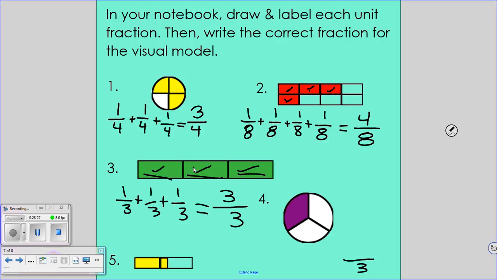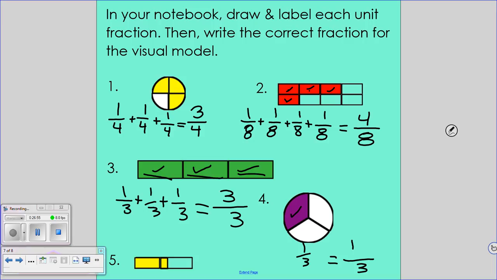How many parts do I have shaded for number 4? 1. Alright, let's count unit fractions. 1/3. Do I have another third to count? No, I just have 1. I don't have anything else shaded, so it's just going to say 1/3 equals 1/3.